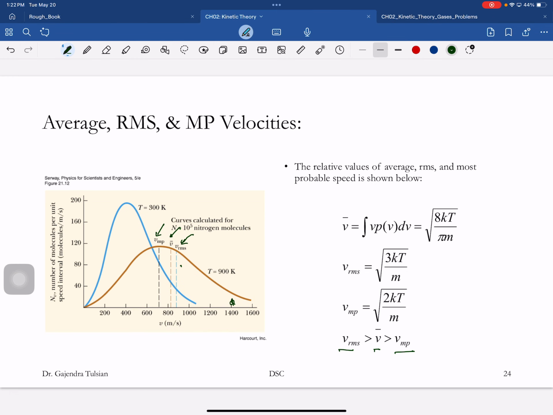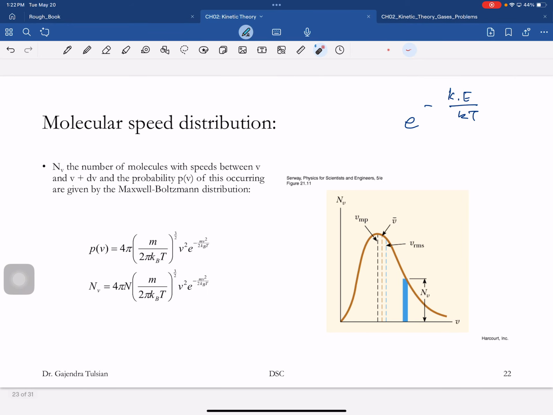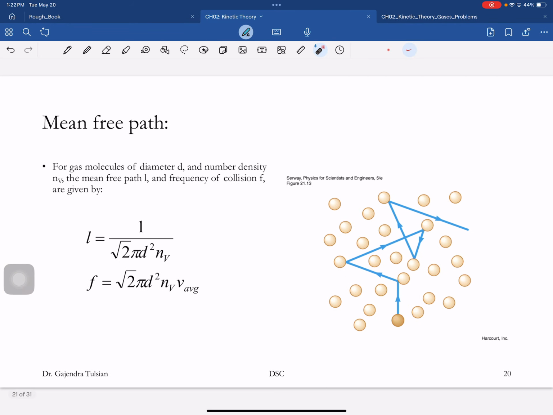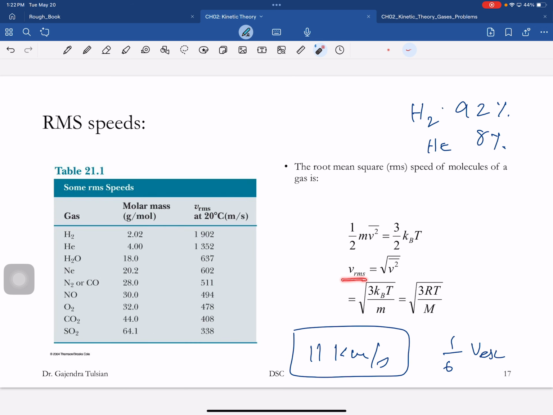VRMS is the square root of 3 kT over m, or 3 RT over molar mass. Okay. I choose this one because this is easier to deal with.